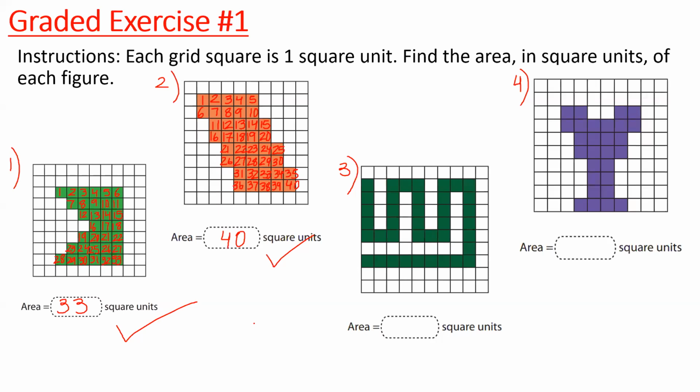What do we have for number 3? I get 39. 39. Okay, anyone else? I got 39 too. I got 39. Okay, good.